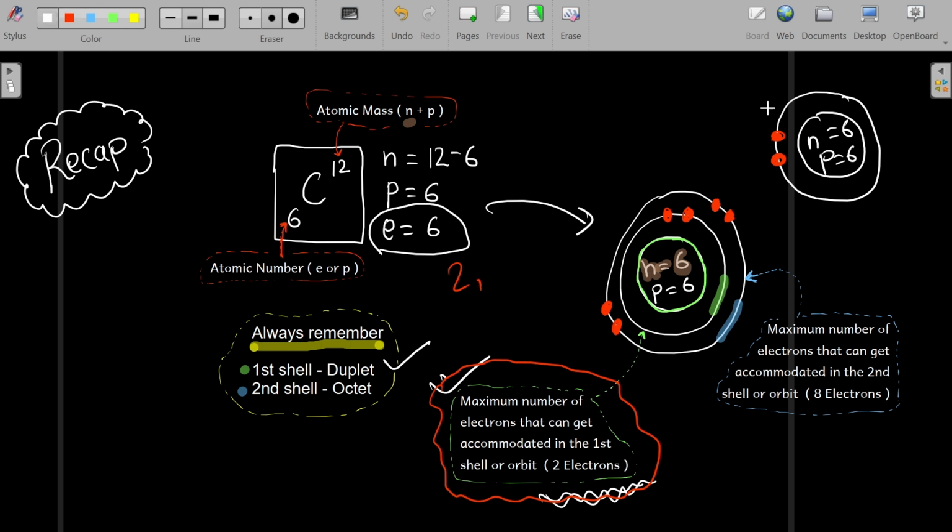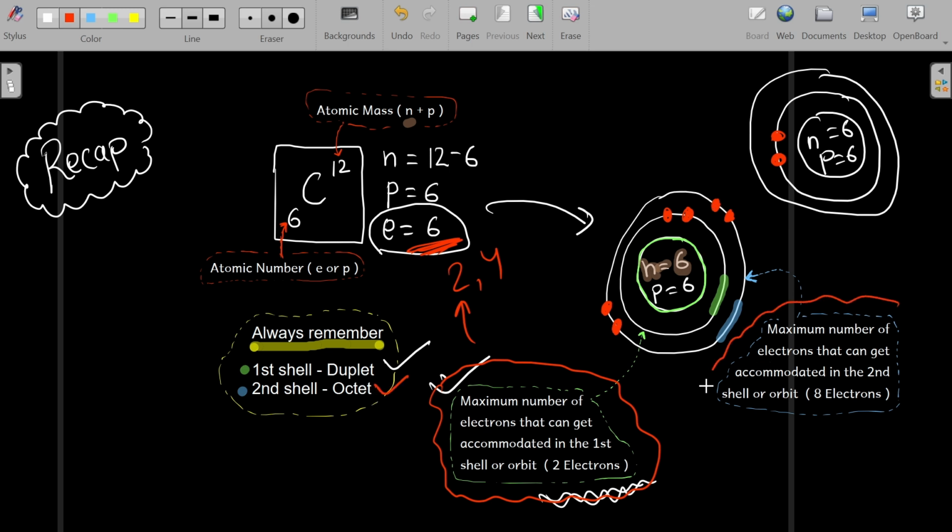Now, for our second shell, we've got 6 electrons. So 2 electrons got accommodated in the first shell, whereas the 4 leftover electrons will get accommodated in the octet. An octet, always remember, can accommodate a maximum of 8 electrons.